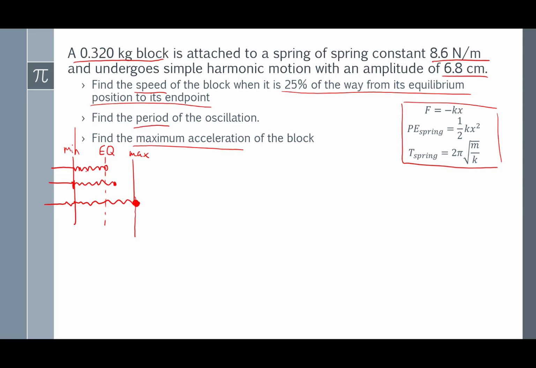As that spring oscillates, there's going to be an energy conversion between kinetic and potential energy, but the total energy is going to be constant. And that's what we're going to use to figure out part A. We're going to use this conservation of energy. So let's start by writing down what we know. We know the mass equals 0.320 kilograms.